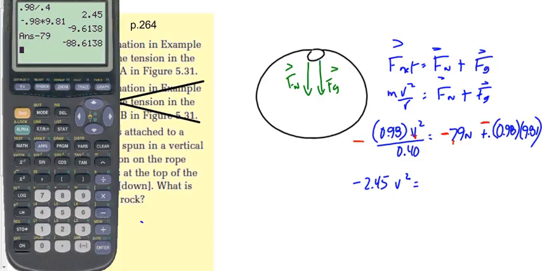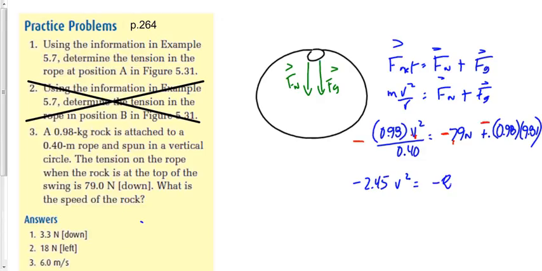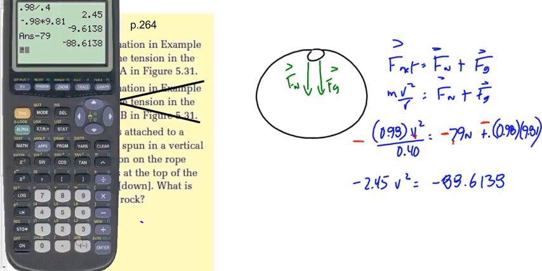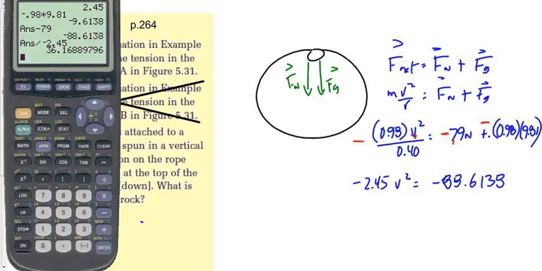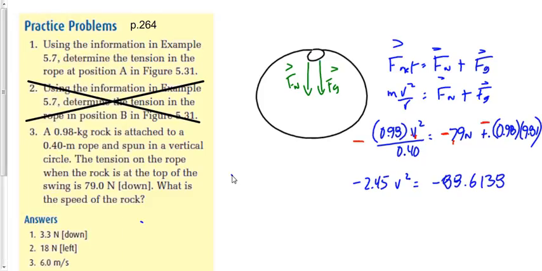So on the right-hand side, I have negative 88.6138. I'm going to divide that by negative 2.45. There we are. Gives me 36, and then I'm going to square root that. And I end up getting 6.01, or to 2 digits, 6.0 meters per second.